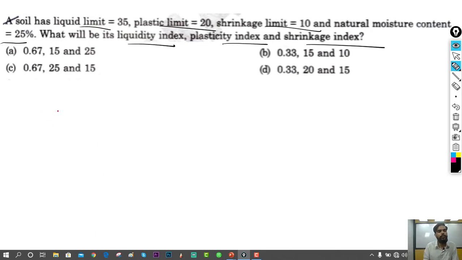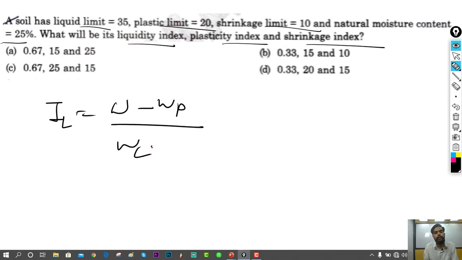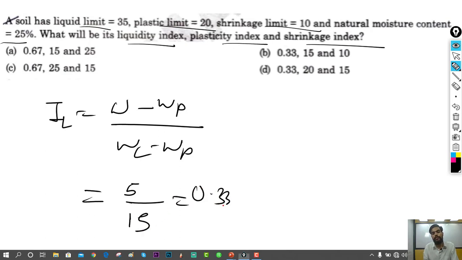So what we will do in this, we will find the liquidity index first, and we know that the formula of liquidity index is W minus WP divided by WL minus WP. So what is W? Natural water content is 25%, and plasticity limit is 20. So here W minus WP is 5, and liquid limit is 35 and plasticity limit is 20, so it is 15. So we can say that it is 0.33.